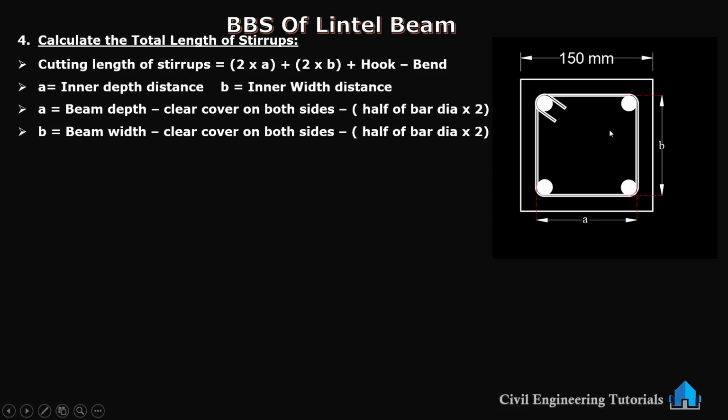B is also the same. Beam width, this side also 150 mm, minus clear cover on both sides 25, minus half of bar dia into 2. So beam depth is 150 mm. Clear cover for each side is 25 mm, here and here, both sides 25.